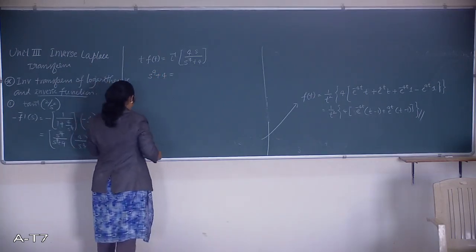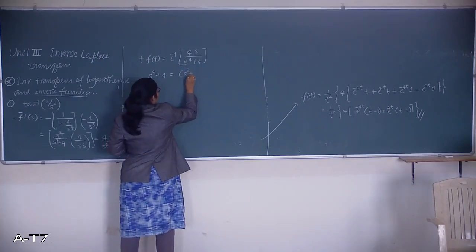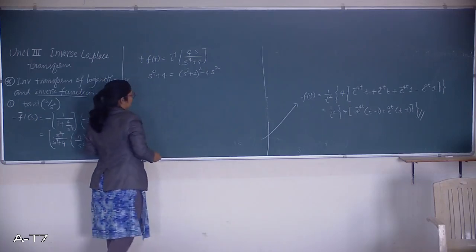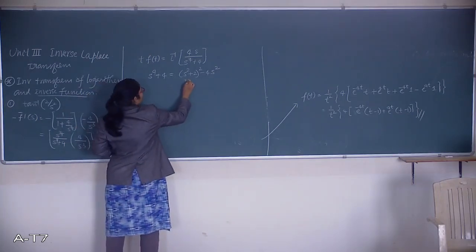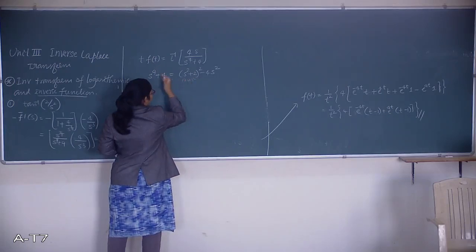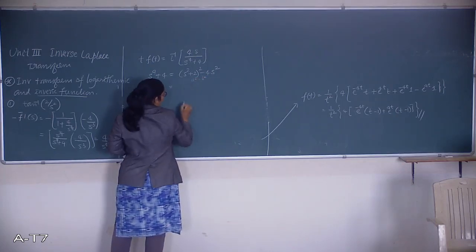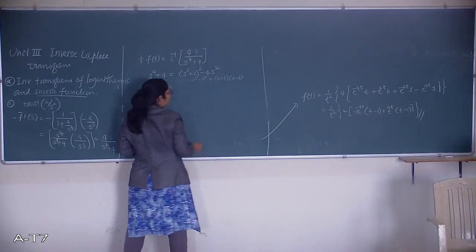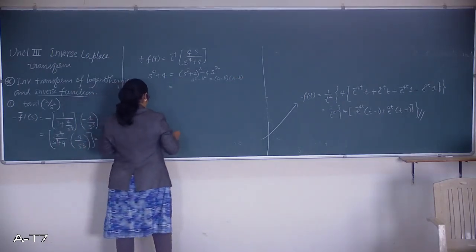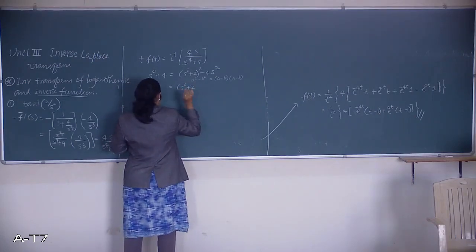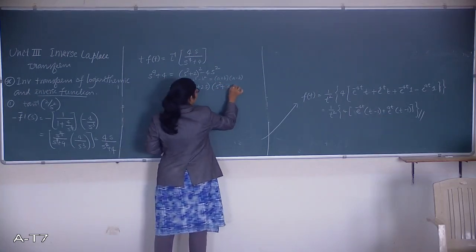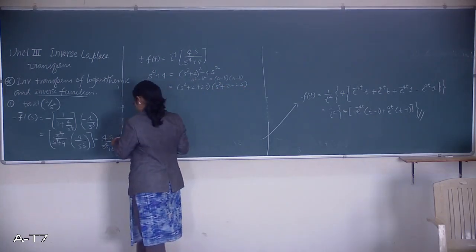power 4 plus 4, I can write this as s square plus 2 bracket square minus 4s square. So that here this is in the form of a plus b bracket square. If you simplify, here a square, a plus b and a minus b. The same thing I will be writing here, plus 2, whereas the second bracket s square plus 2 and minus 2s.